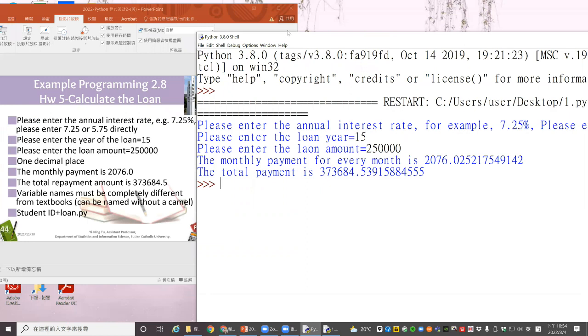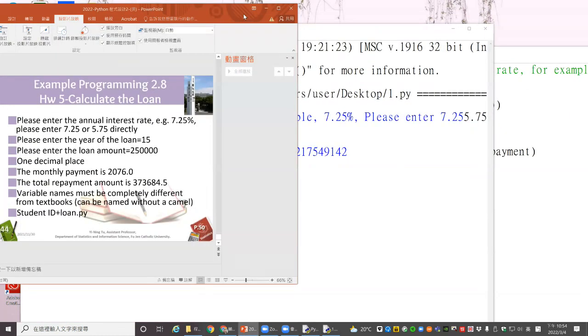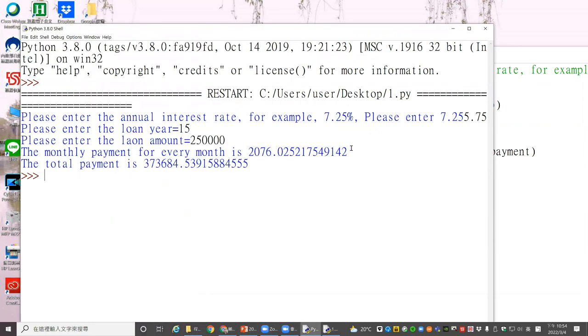But as we know, sometimes for the payment we don't really need so many digits. Actually, in the financial part, we just keep two digits, and it will remove all the remaining. It's not rounded. So actually, we will just delete this part. We have learned how to do that.